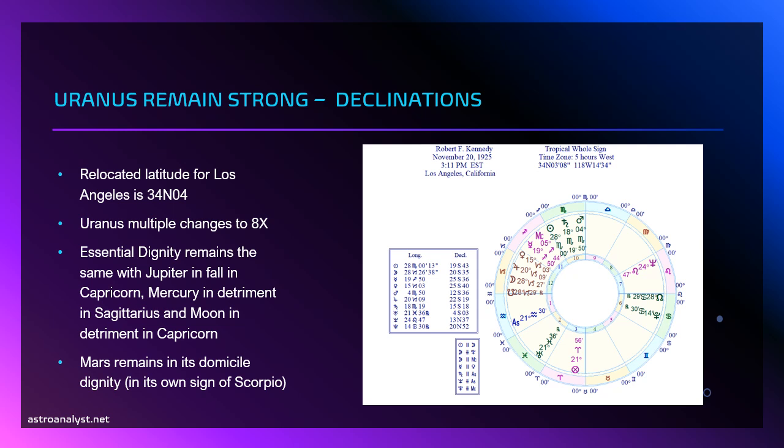Prior to that, Uranus was at 10 times. So now it's 8 times. So 8 times 4 is 32, and 3 times 4 is 12, so you have it at about 33 12. It is now still within its multiple, still strong in the chart.